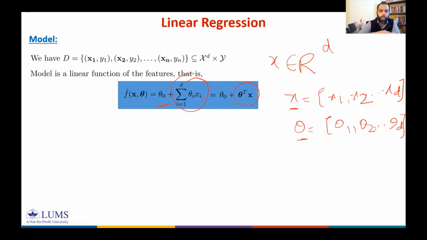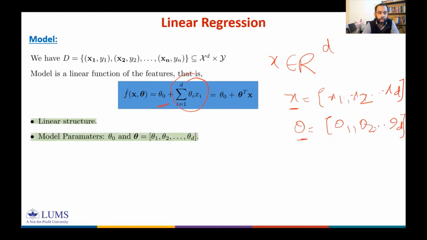So theta naught plus theta transpose x. This is the model in linear regression. So this model has a linear structure. So the model parameters are theta naught and these d number of thetas, theta 1, theta 2, up to theta d.